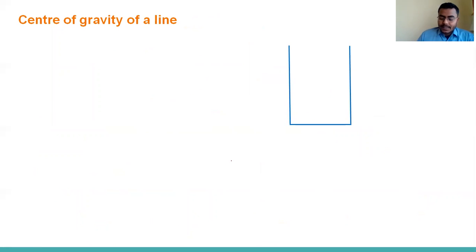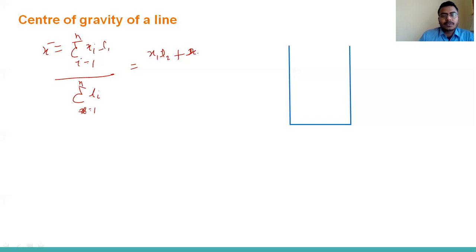Now, for the straight line, we have shown some formula like x bar for a straight line, it will become summation of i equal to 1 to n of xi li divided by summation of i equal to 1 to n of li. Or we can write like this also, x1 L1 plus x2 L2 plus x3 L3 and so on, divided by L1 plus L2 plus L3 and so on.